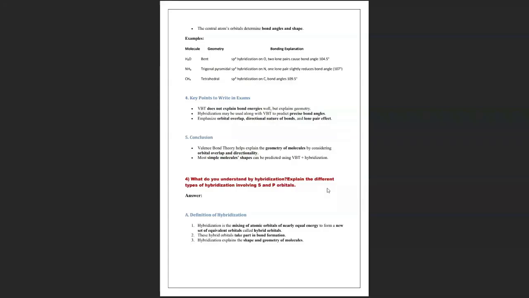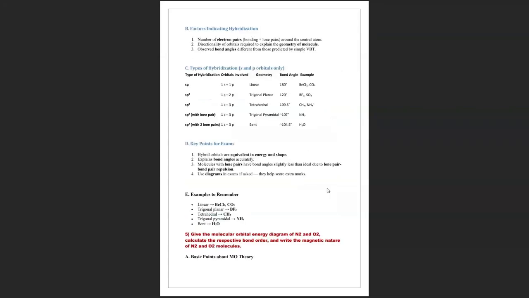So first clearly write the definition of hybridization and then explain sp, sp2, sp3 types of hybridization with a table as I mentioned here, and then key points for writing in exams. Give examples and shapes. Examples are more important.